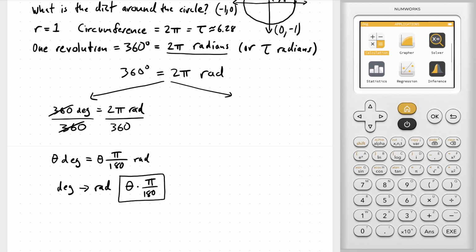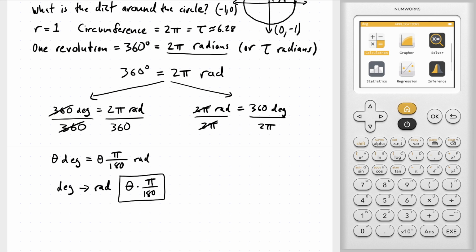Okay, what if you want to turn radians into degrees? Well, it's pretty similar. We have 2 pi radians is equal to 360 degrees. Now we're going to divide both sides by 2 pi.